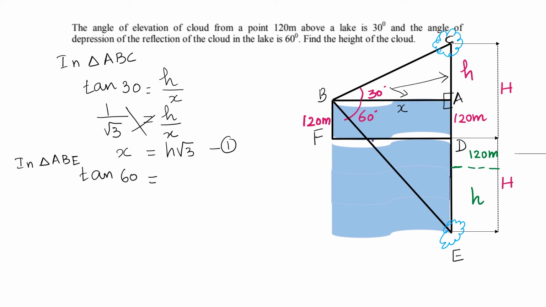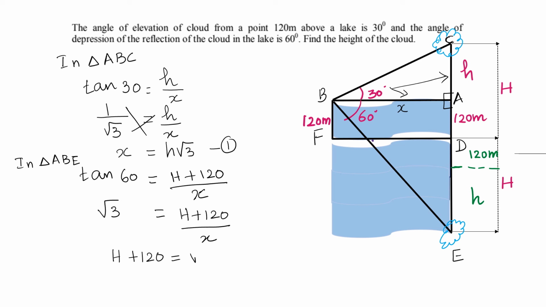Tan 60 equals opposite by adjacent. The opposite is capital H plus 120, and the adjacent side is X. Tan 60 is root 3, so root 3 equals (H plus 120) by X. If you cross multiply, you get H plus 120 equals root 3 X.